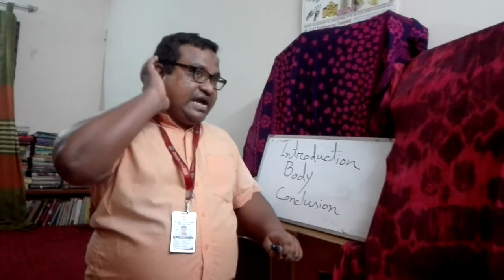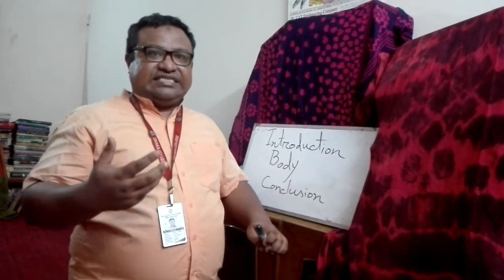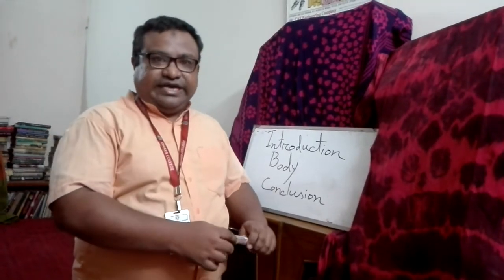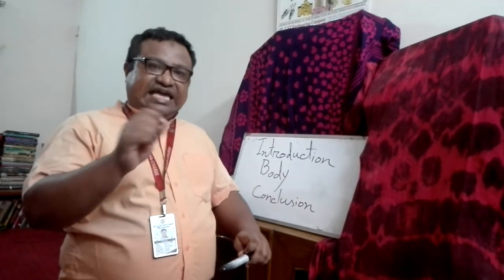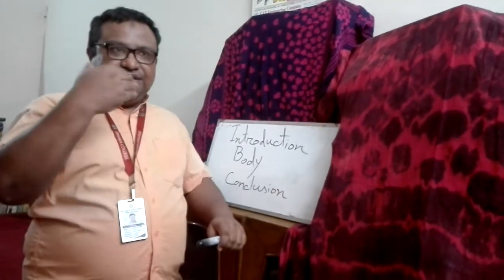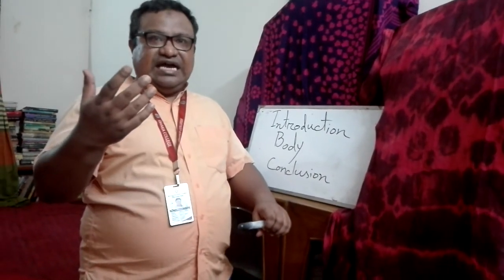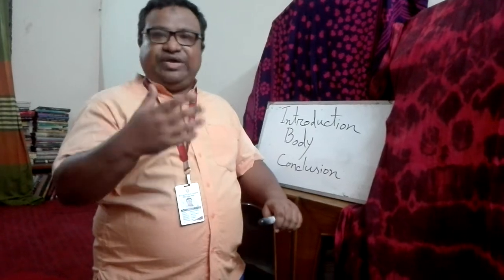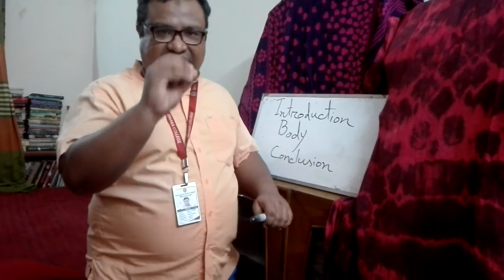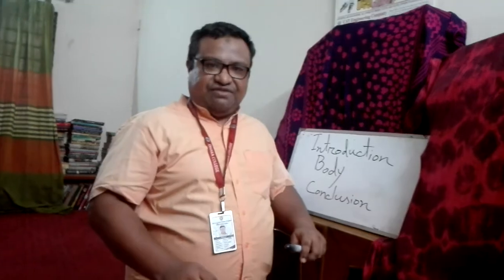Suppose we have been asked about Milton's idea of repentance and hope in his sonnets. If suddenly we write a paragraph about the greatness of Milton's grand epic Paradise Lost, and we cannot connect it with Milton's sonnets or the idea we have been asked about in our question, of course ultimately the coherence is affected.